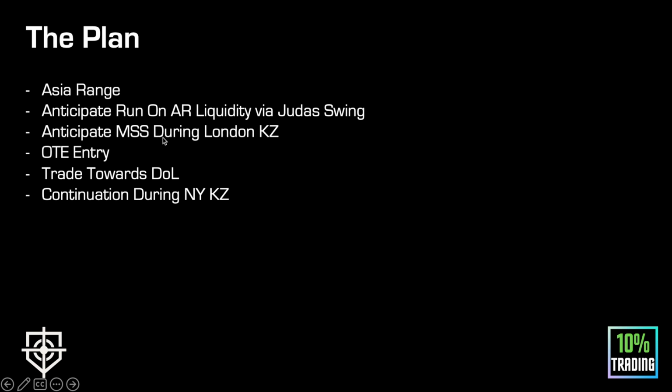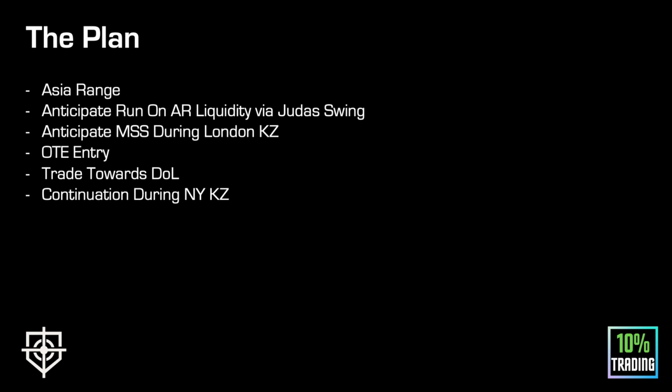There's a lesson on this again during the London kill zone. And then we can get an OTE entry. Again, there's a lesson on OTE. Then we just trade towards our target. If we miss that, it's not the end of the world. There will be re-entries offered, usually during the New York kill zone or even later during London.